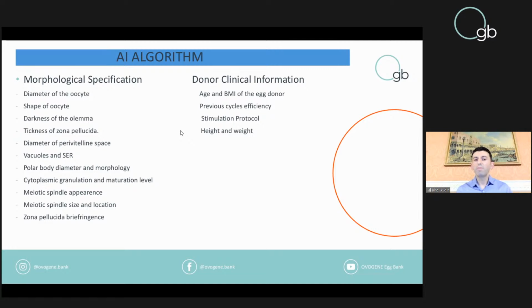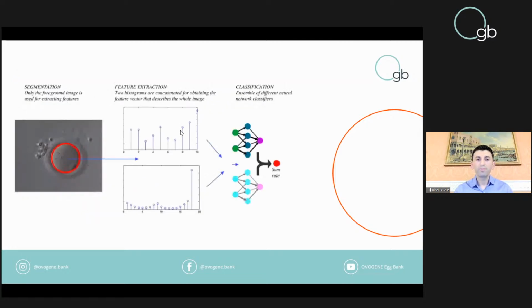From the clinical part of the donor: age and body mass index of the egg donor, previous cycle efficiency, which is very important. It will show directly how many mature eggs we got in the previous cycle, how many of them fertilized, how was the survival rate if we load the system, how was the blastocyst rate, and the stimulation protocol, which stimulation protocol we used, and height and weight of the egg donor.